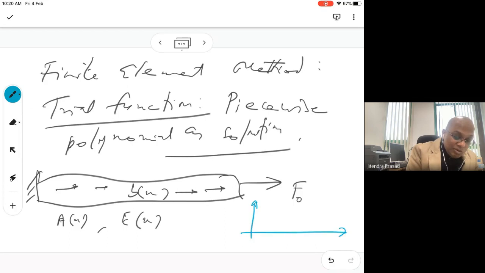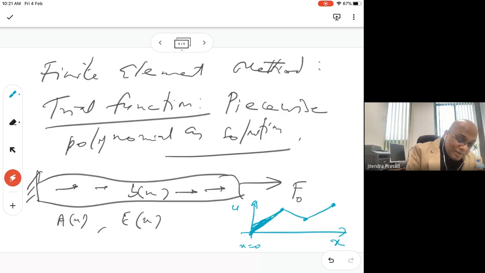In that case, if you are plotting u as a function of x, we can assume that our solution is piecewise polynomial like this. So x equal to 0 is where it should start, with u equal to 0.